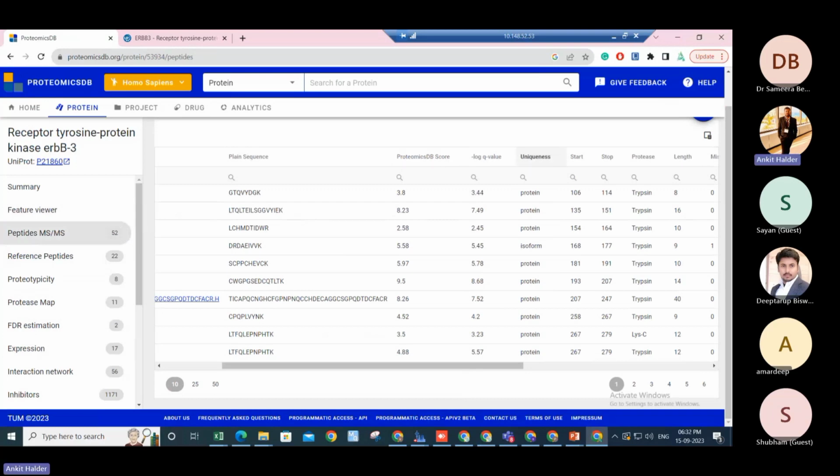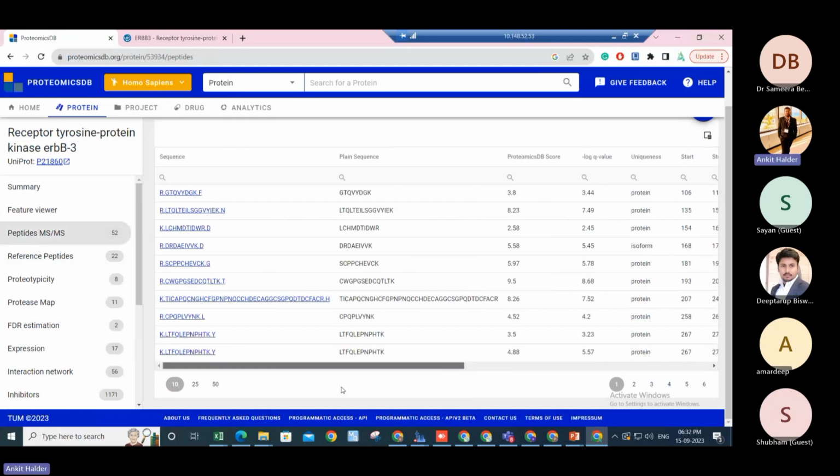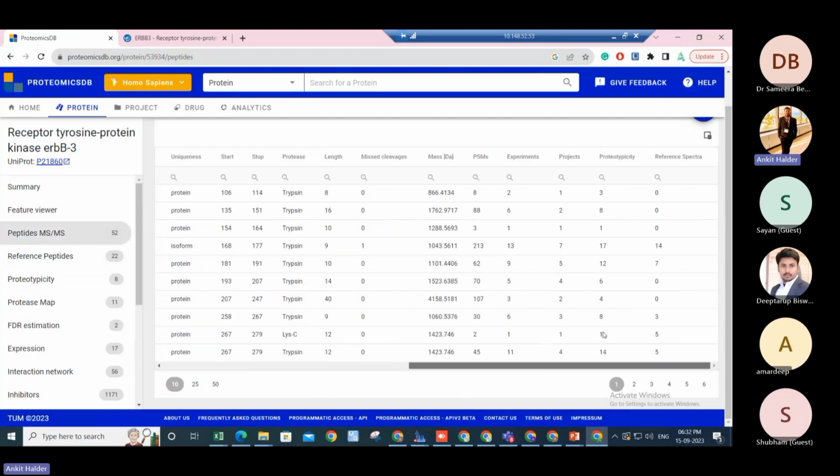Then the uniqueness. In proteomics datasets we should be aware of uniqueness, because the proteins that we identify should be based on unique peptides. Only then can we be very confident about the proteins. Then the protease is trypsin. I think you have all identified that these are trypsin by looking at the position which has been cut: after K and R, and there are some Lys as well.